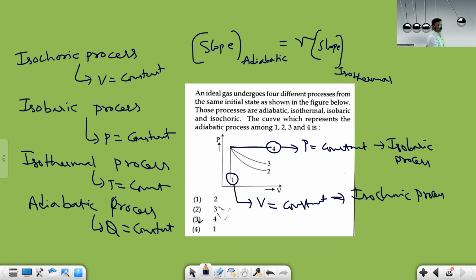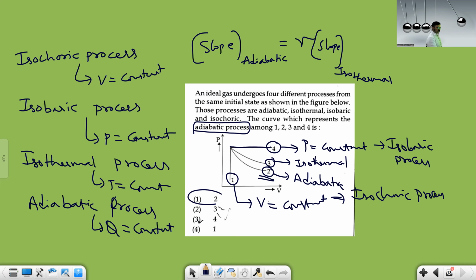Curve 2 has more slope, so 2 is adiabatic, and 3 has less slope, so it is isothermal. The question asks us to find the curve which represents the adiabatic process. Adiabatic is nothing but 2, so my answer is the first option.